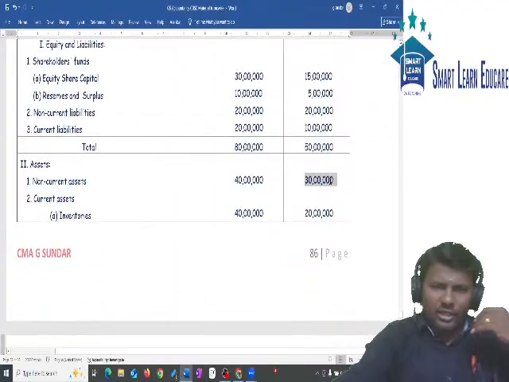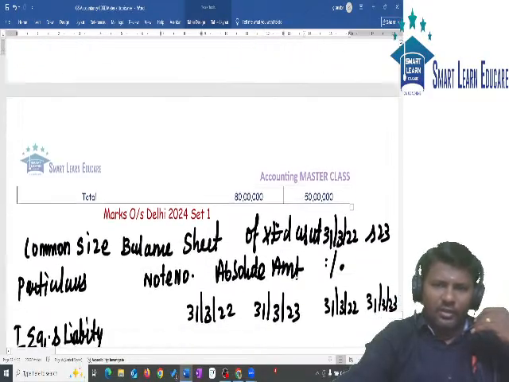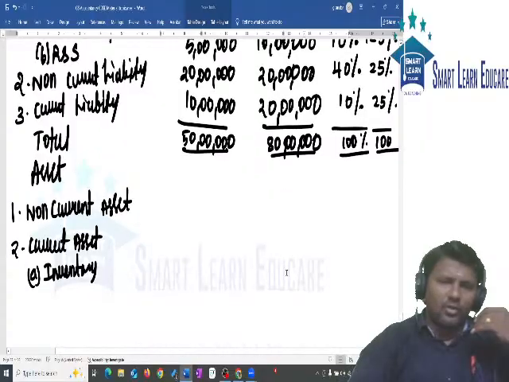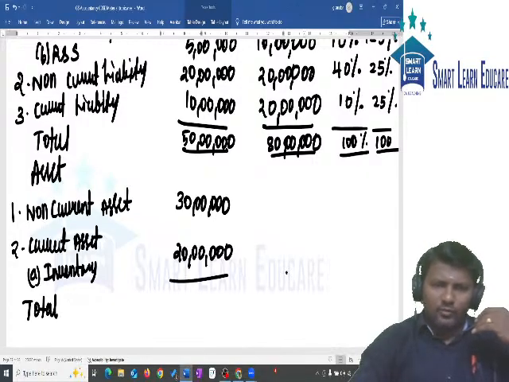Non-current asset it is 30 lakh. Inventory it is 20 lakh. So total comes to 50 lakhs.